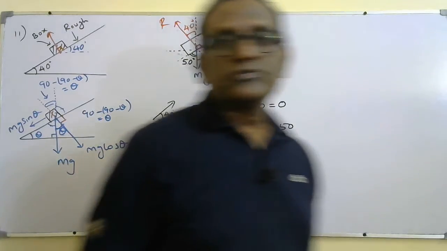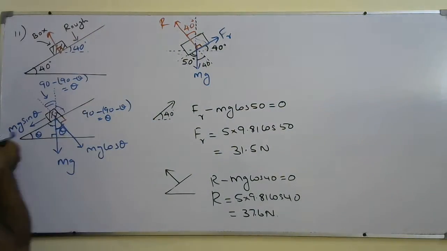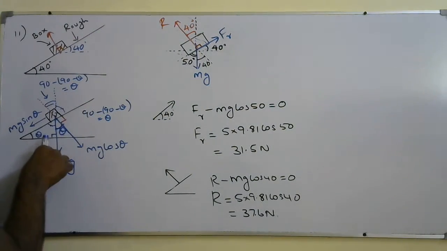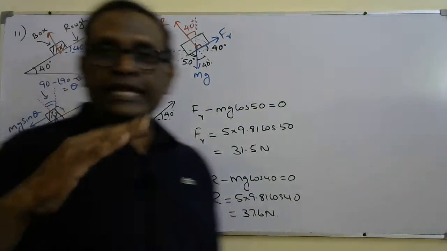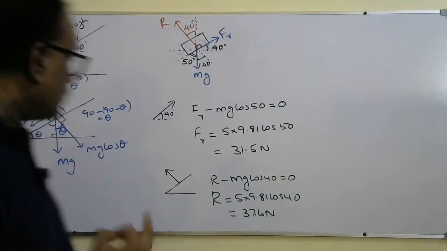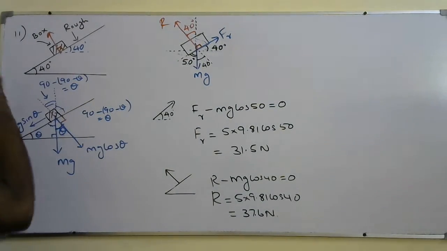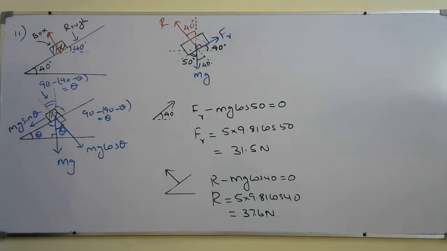So the component of the weight along the plane down is mg sine theta, and perpendicular to the plane is mg cos theta. Better remember that. Theta is the slope, the angle of the inclined plane with the horizontal.